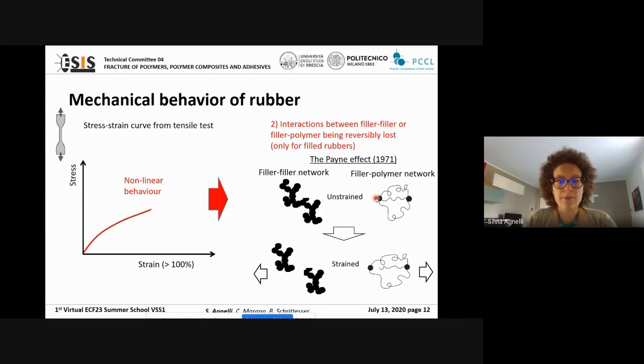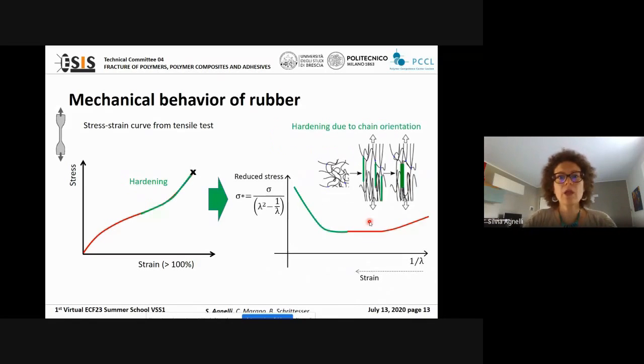The second main source of nonlinearity is called the Payne effect and is due to interaction between filler particles or filler and polymer. These interactions are weak and are lost during stretching, but they can recover when the stretch is removed. In the last part of the stress-strain curve, stress increases faster and faster. This is called hardening and is due to chain orientation.